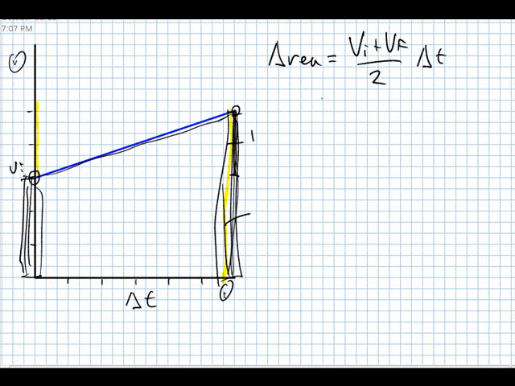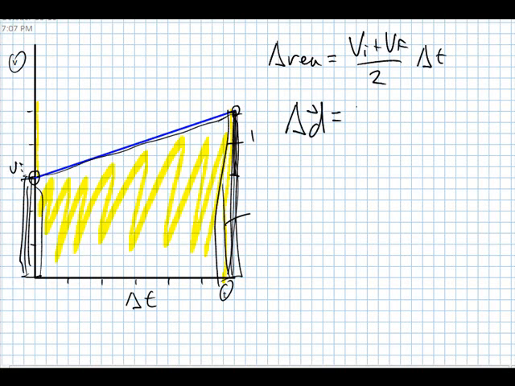So our displacement, which as we've repeated several times is this area in here, is equal to the average velocity, vi plus vf over 2, times delta t.